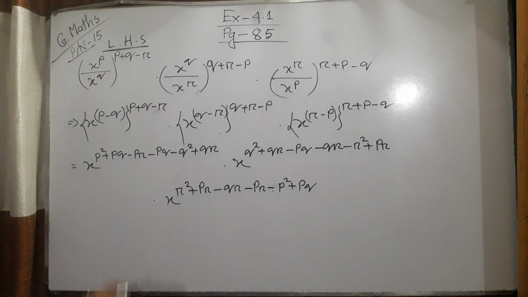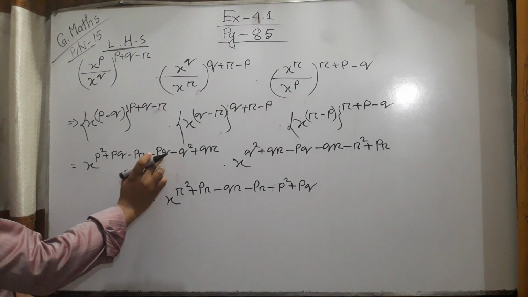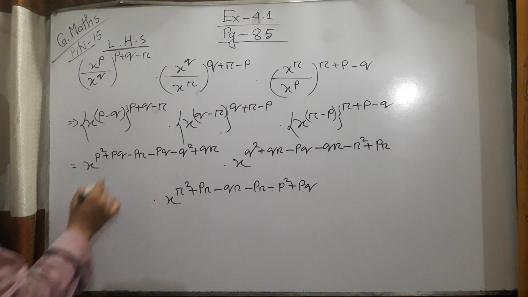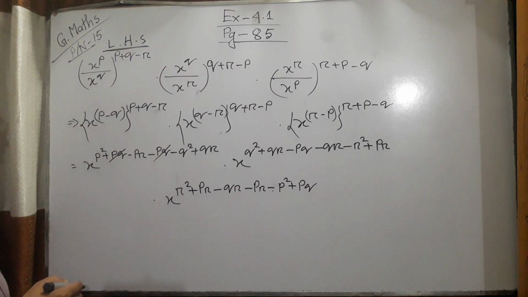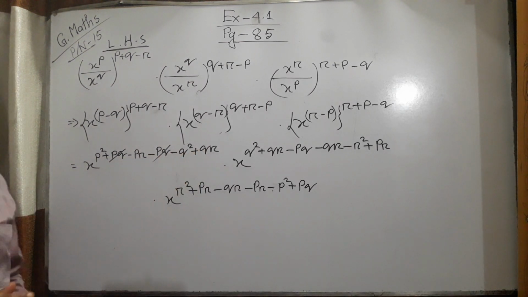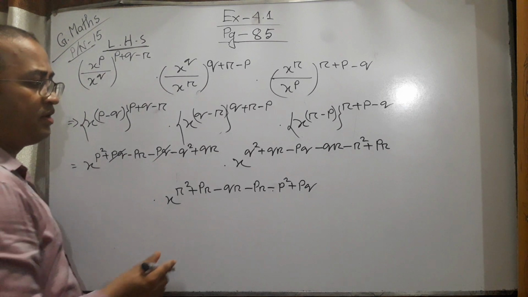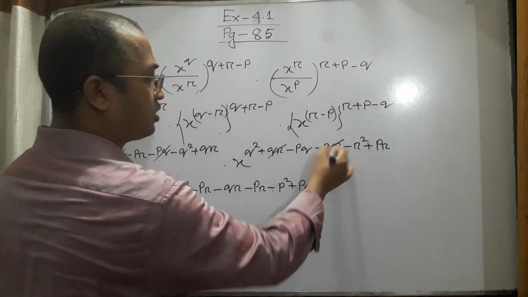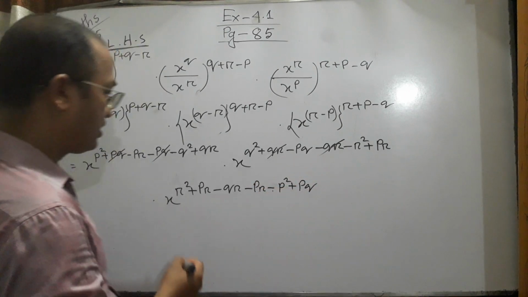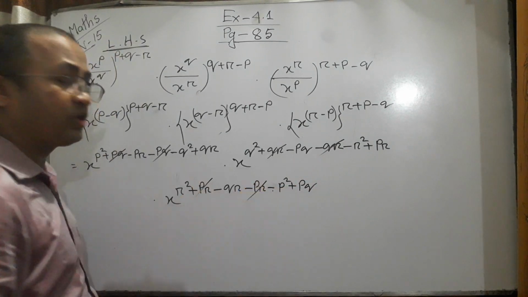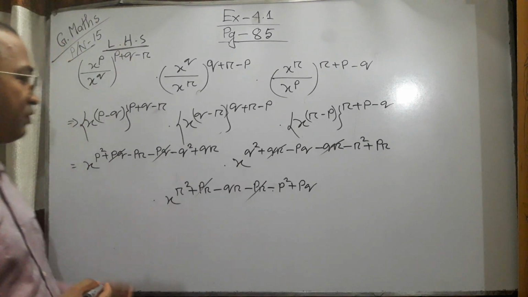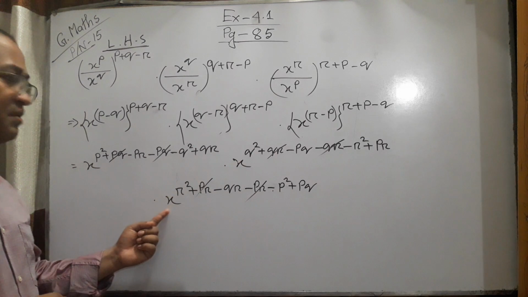Now look, plus pq minus pq, we can cancel these two. Nothing else cancels among p square, q square, pr, qr. Here qr we can cancel. Nothing more cancels. Here pr we can cancel. Nothing more cancels. Now look, all the bases are the same.